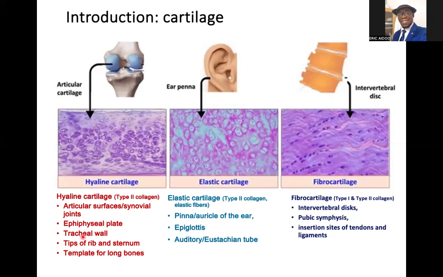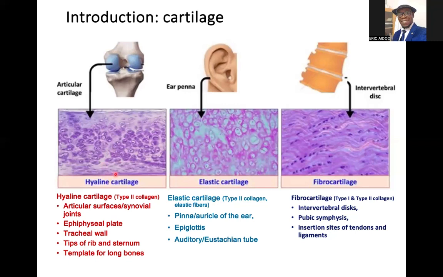Then in the trachea, you have it in the walls. Then at the ends of the ribs, where they connect to the sternum, you have hyaline cartilage connecting the bones to the sternum. Then they also form the template for long bones when it comes to endochondral ossification.